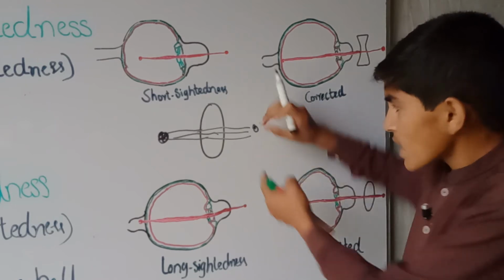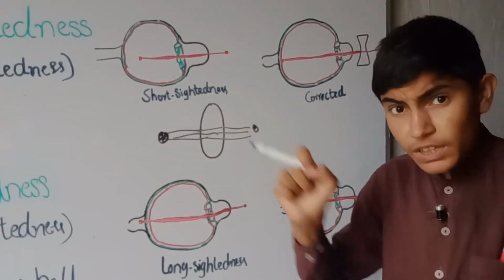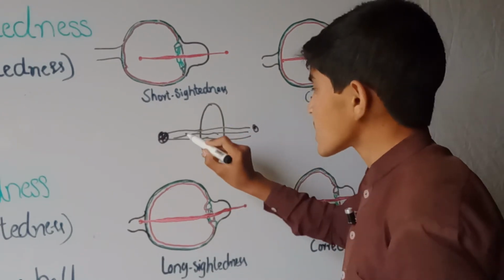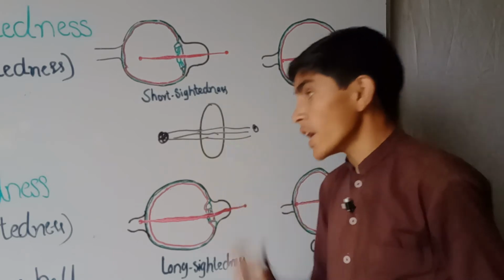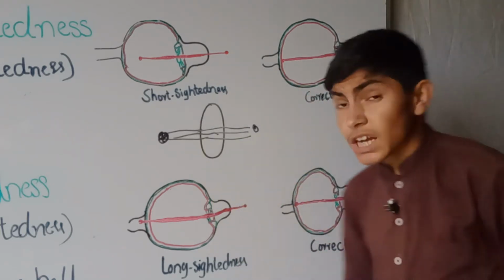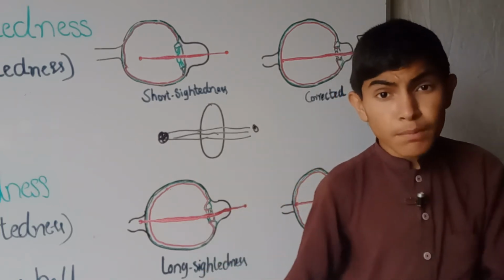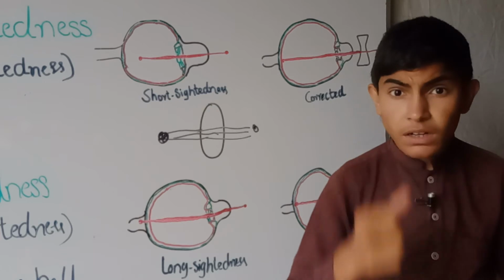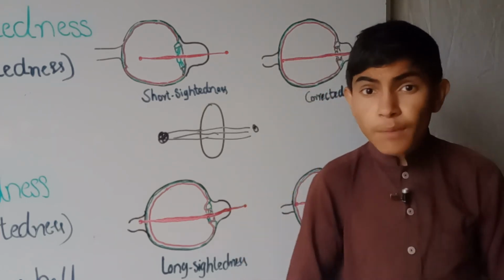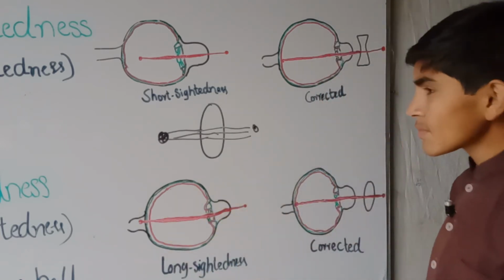After passing through the lens, it is converged to a point. So it is the character of a convex lens that when we pass a light ray through the convex lens present in our eye, it converges the light ray after passing through it.